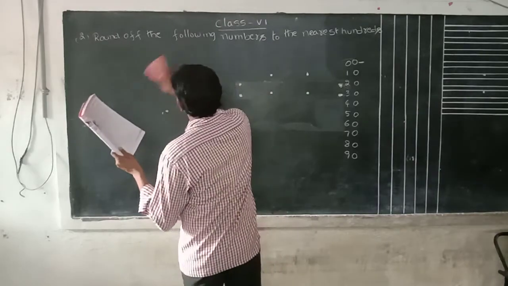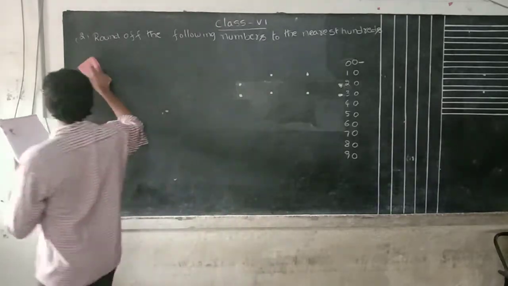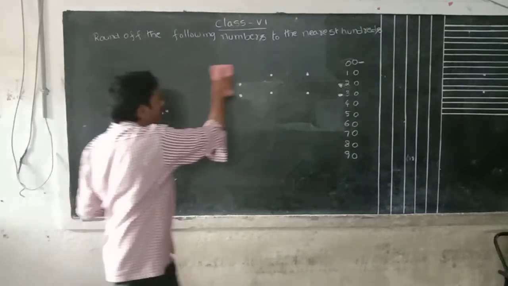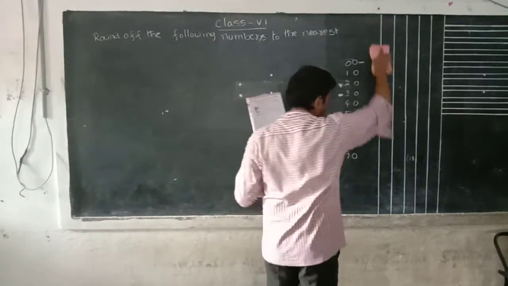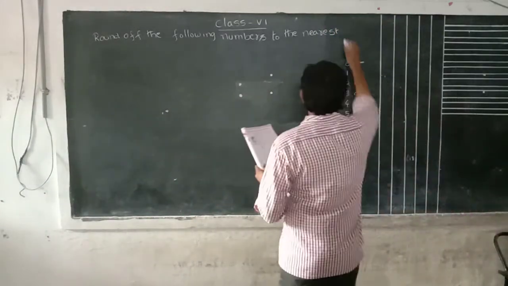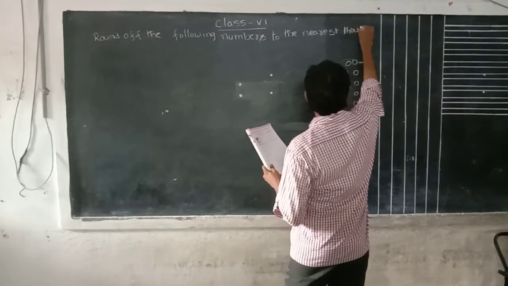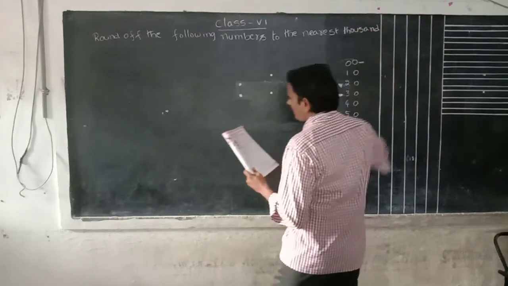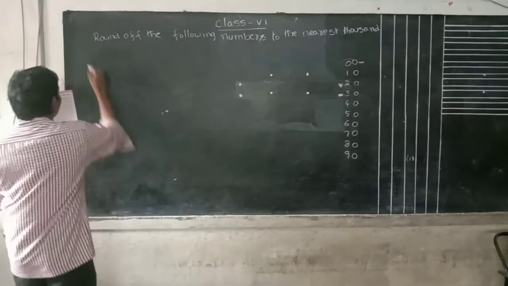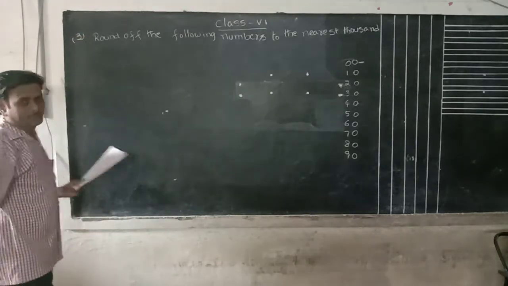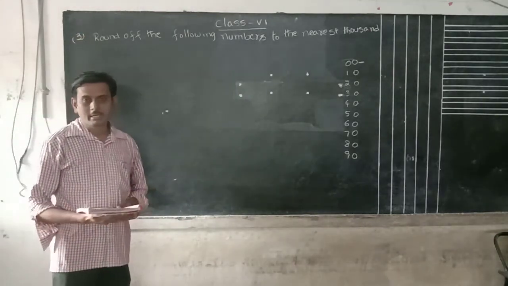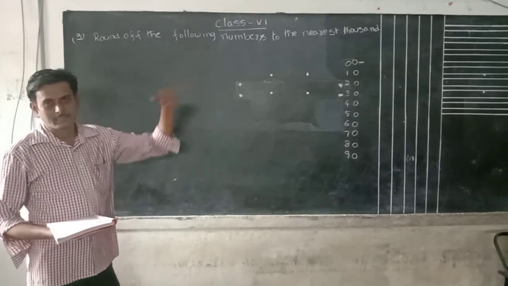Nearest 1000, now we will discuss. The third one. Nearest 1000. Any nearest place that is asked, we have to remember: identify the place value and make a group by taking the right side number.